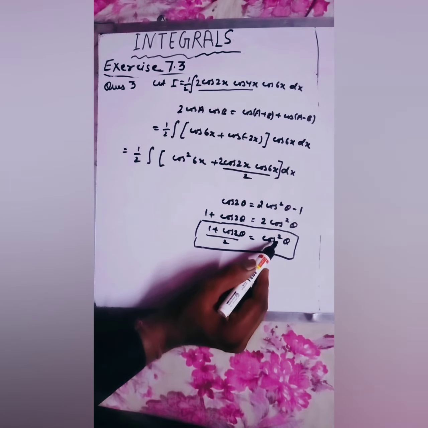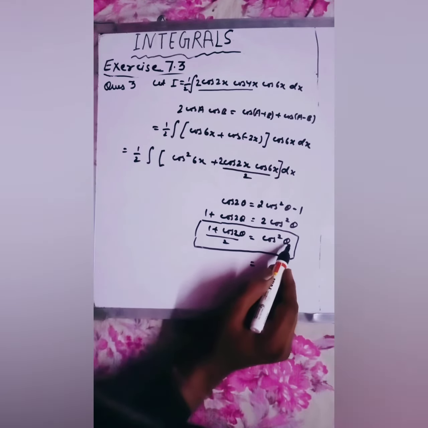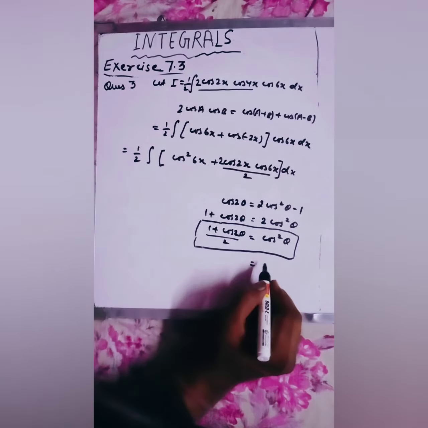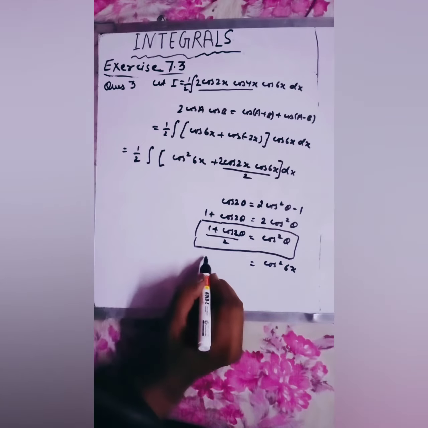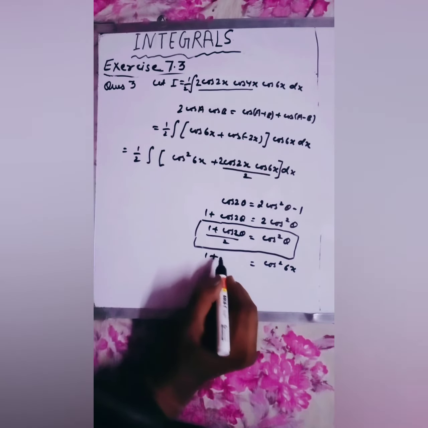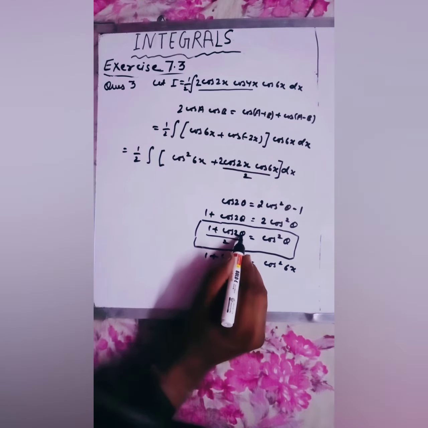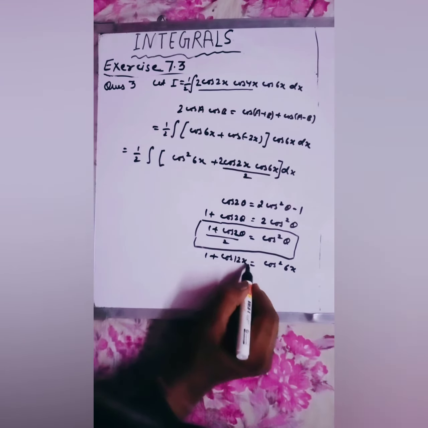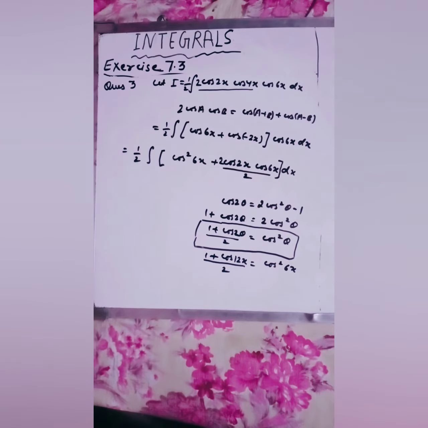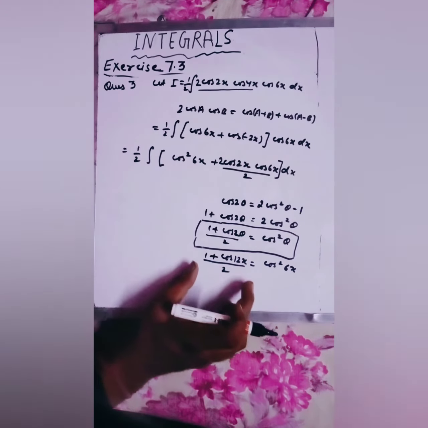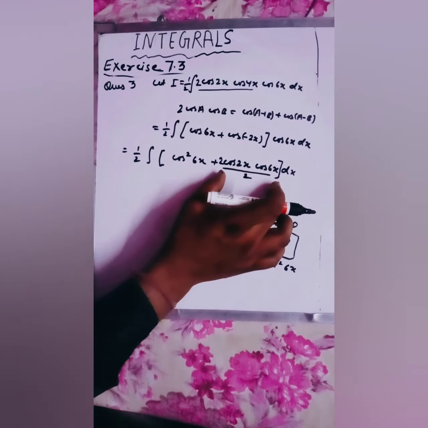So at a place of this, you have to use this formula. Okay, and here if you replace this theta by 6x, this would be cos square 6x, and here you will get (1 plus cos 12x), this whole upon 2. Okay, now at a place of this, you have to put this one, and here you have to apply the formula.